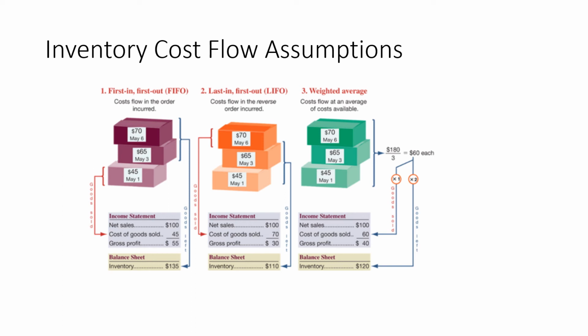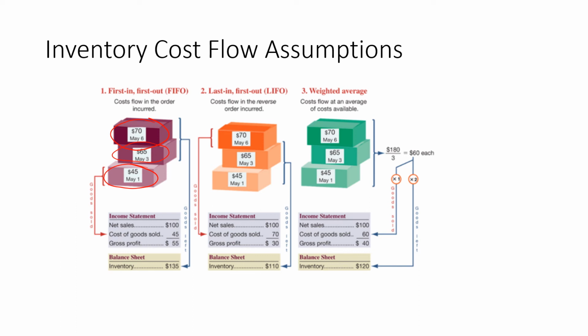One of the things that I want to point out here is that as the business is making purchases of inventory, you can see the price fluctuations here. So May 1st, they purchased an order for $45. May 3rd, that went up to $65. May 6th, went up to $70. So you can see that costs are increasing. And that's across the board here.